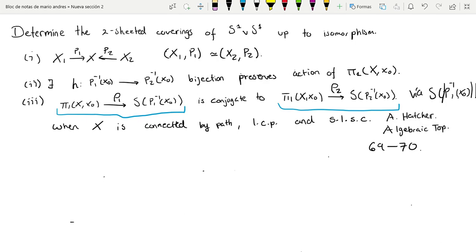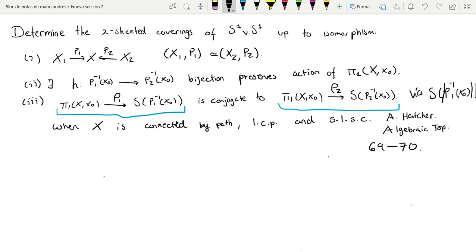Okay, well, using the tree, we are going to estimate the number of coverings that we are asked for. So we need to determine first how many actions of the type underlined in blue there exist.